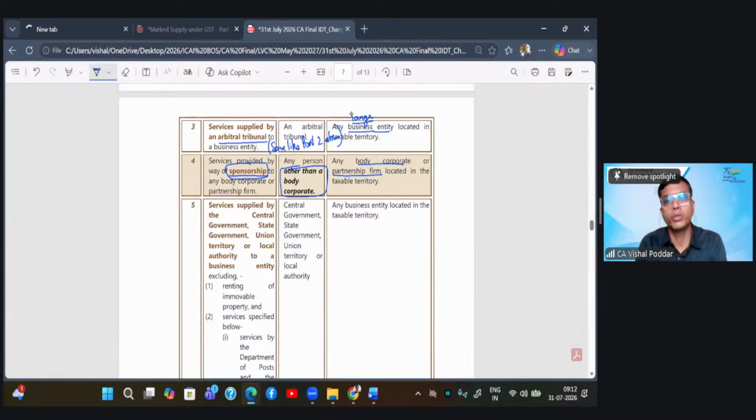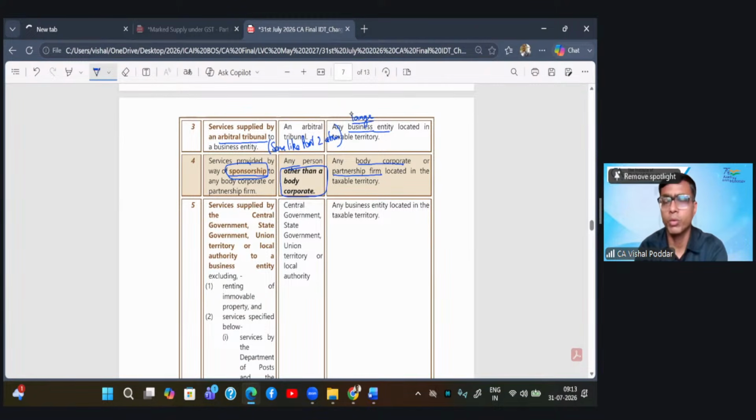So the supplier should be other than a body corporate, but the recipient should be a body corporate or a partnership firm. Only when both these things are satisfied together, it will fit in RCM. If any one side is not satisfied, the service will be under FCM and not under RCM. Another important point to note, students, is it is covering sponsorship and not marketing.